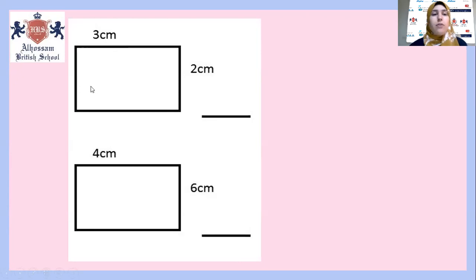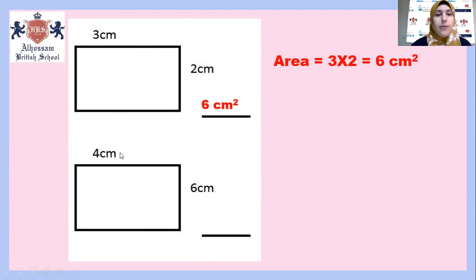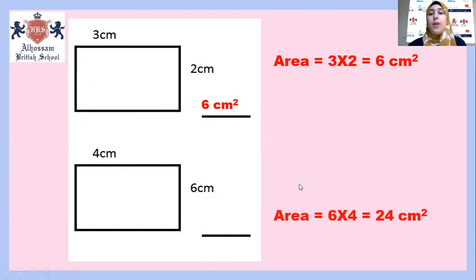So the area of this rectangle is 3 multiplied by 2 will give you a 6 centimeter squared. Okay. Last one, the 4 and the 6. So the area of this rectangle equals 4 multiplied by 6, which will be 24 centimeter squared.